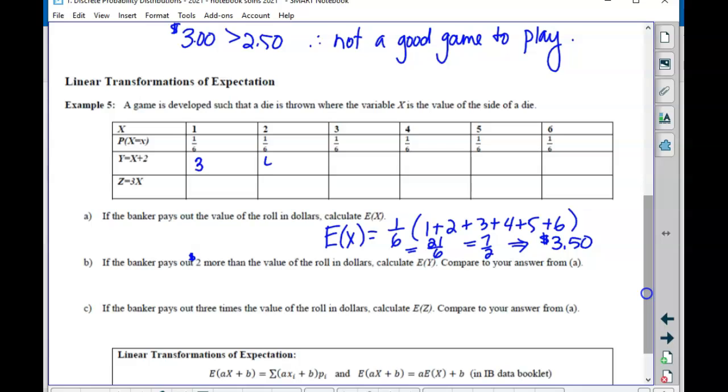This will be 4, 5, 6, 7, 8. Okay, now find the expected value of E of Y. So I've called that Y there. Again, the probabilities are all the same, but now we have 3 plus 4 plus 5 plus 6 plus 7 plus 8.